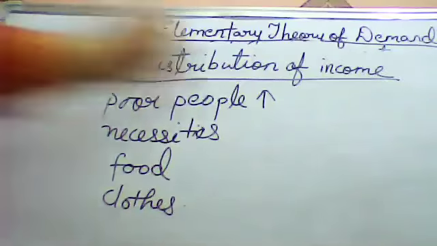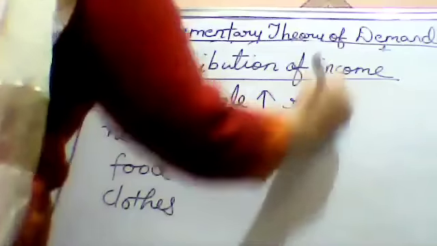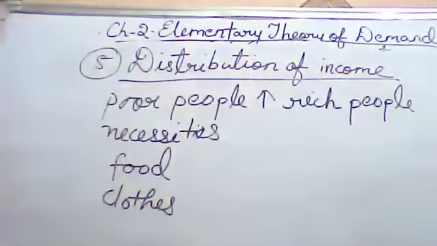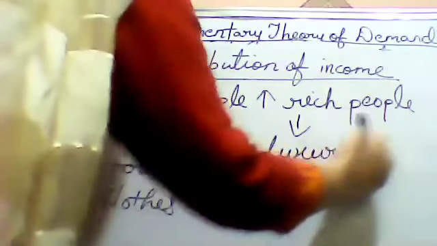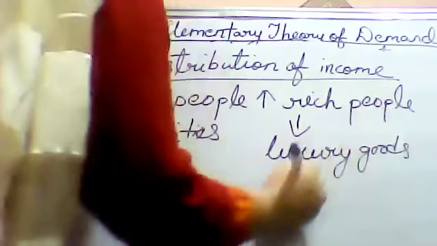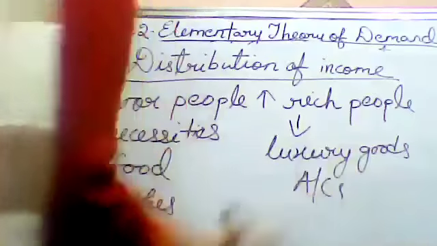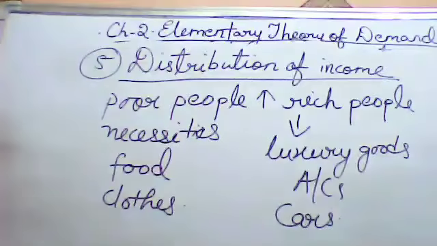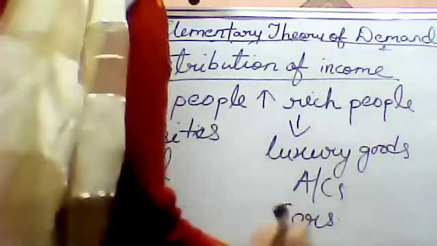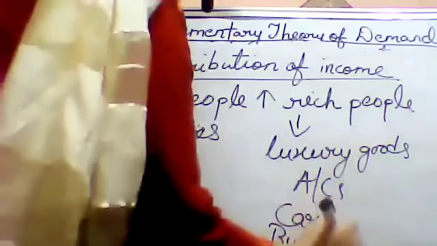If there are more rich people in the economy, then what will be demanded? Ma'am, luxuries of life. Yes, they will always demand more luxury items, like luxury cars, air conditioners, bungalows.